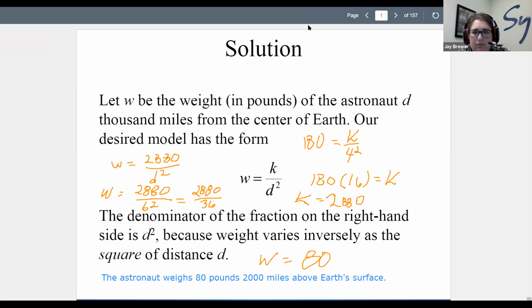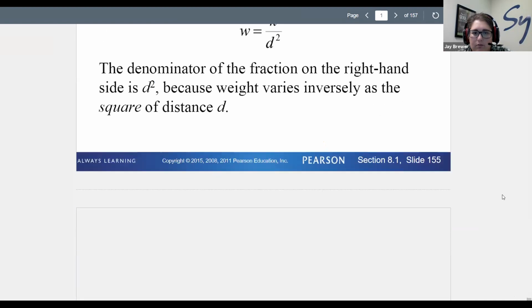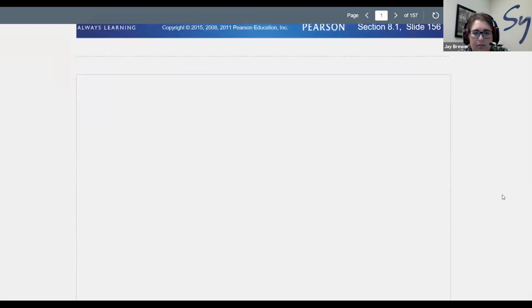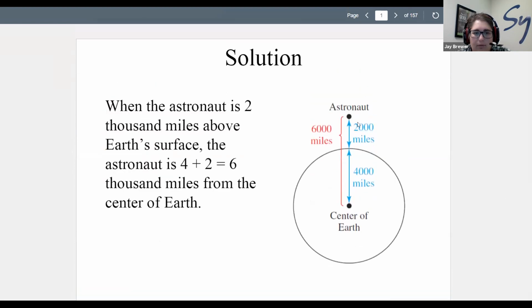Oops. Forgot to clear it. So we'll just go through and verify. There's our equation. There's the nice little diagram that I wanted you guys to see before I went through and answered the problem.